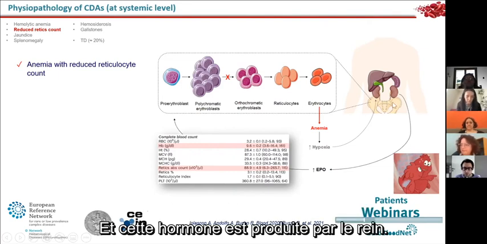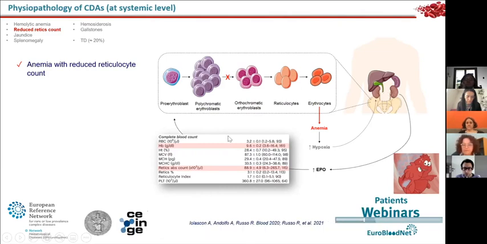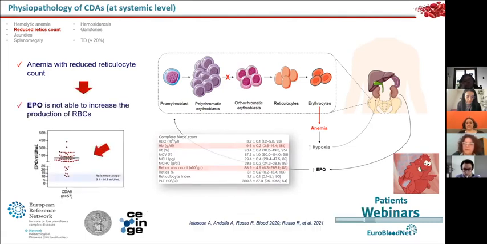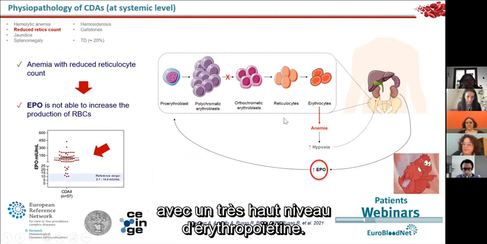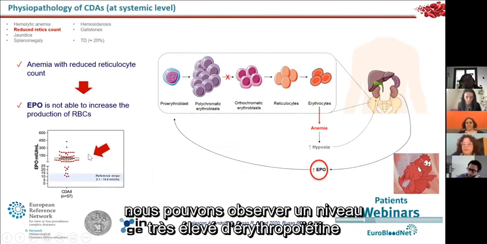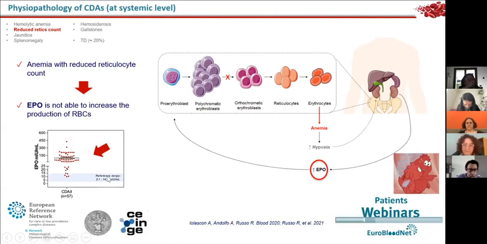And this hormone is produced by the kidney. So in these patients, in CDA II patients, we observe anemia with the reduced reticulocyte count, with a very high level of erythropoietin. Indeed, if we measure these levels in the serum of CDA patients, we can observe a very high level of erythropoietin compared to the normal reference range that is represented by this gray bar.